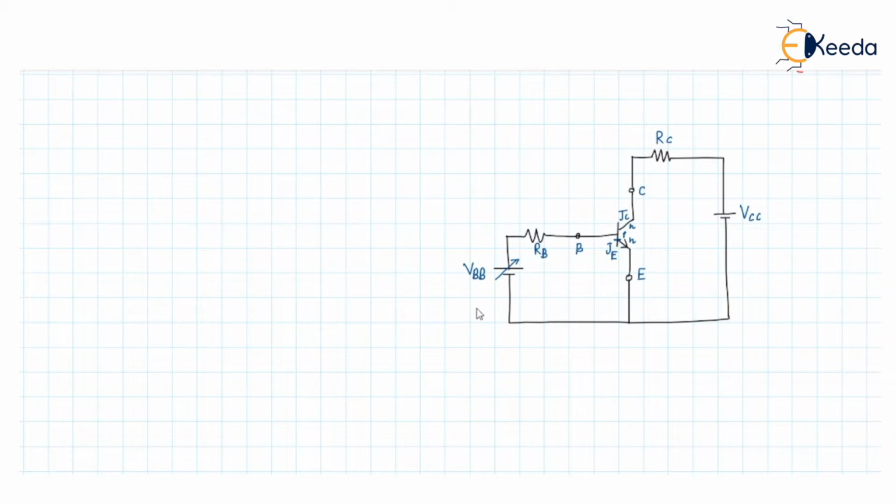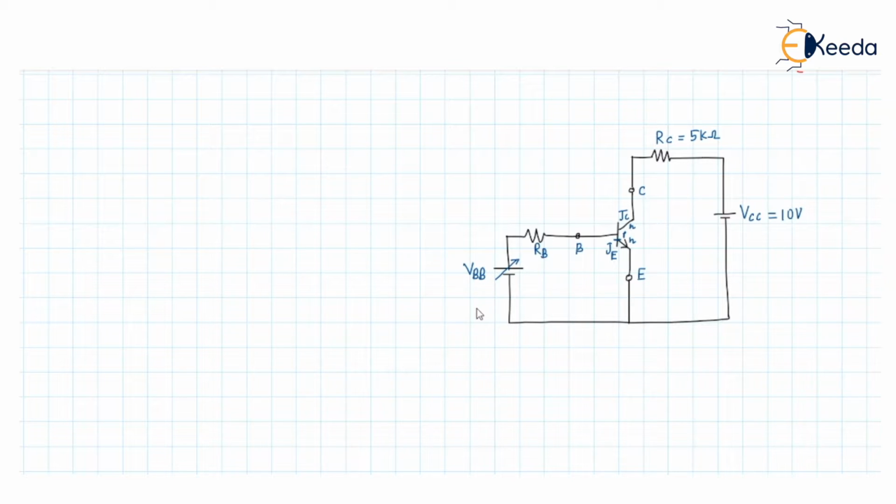Now, let us assume some values: the VCC value is 10 volts, suppose, and the RC value, suppose it is 5 kilo ohm, and suppose we have taken some value of RB.